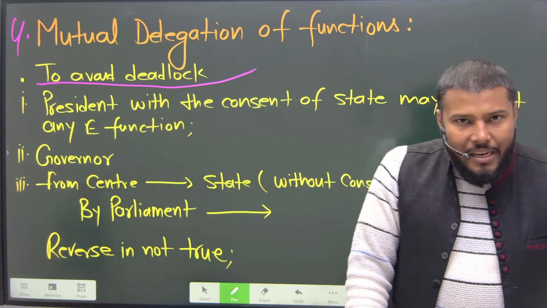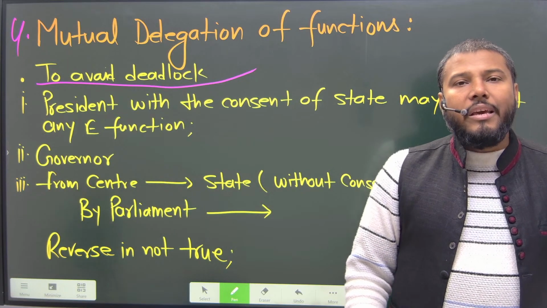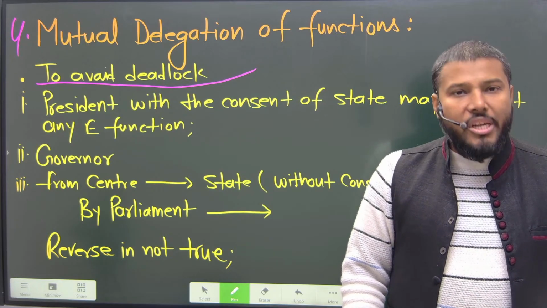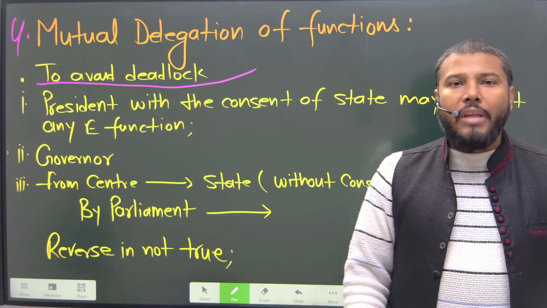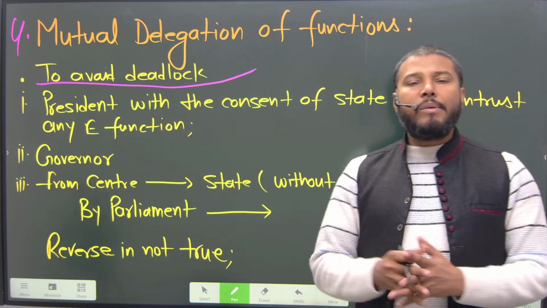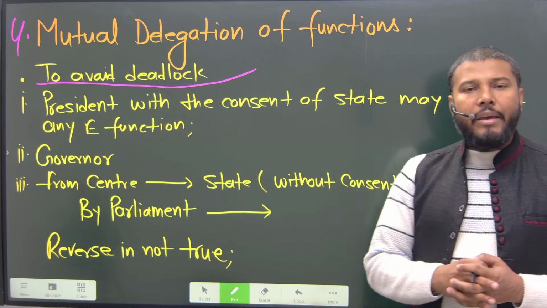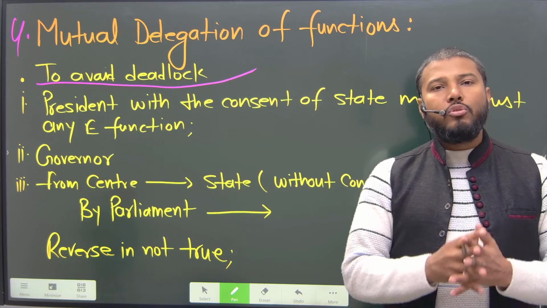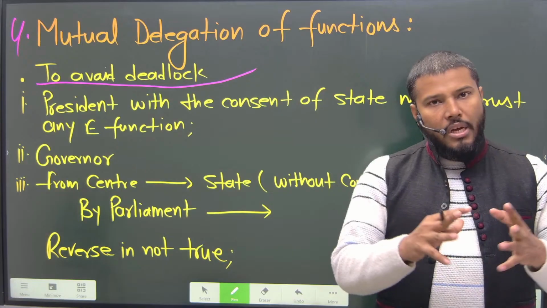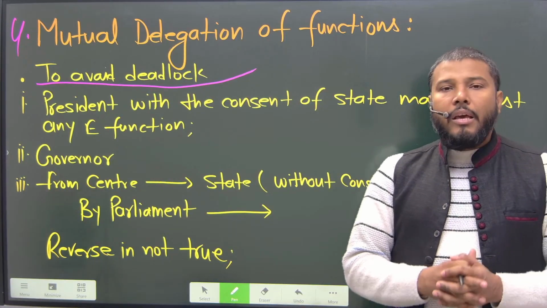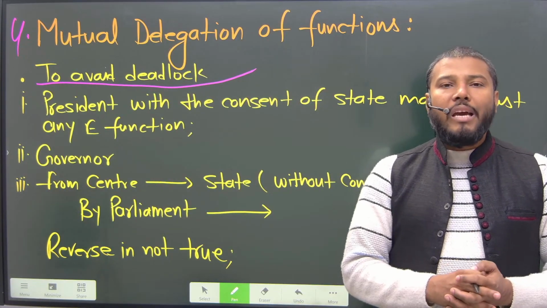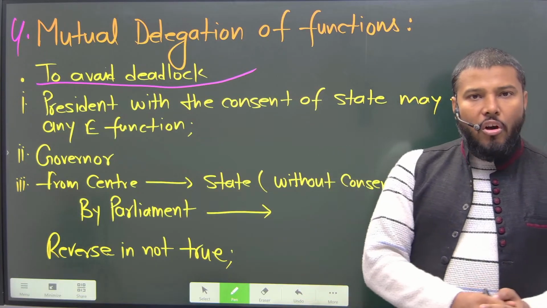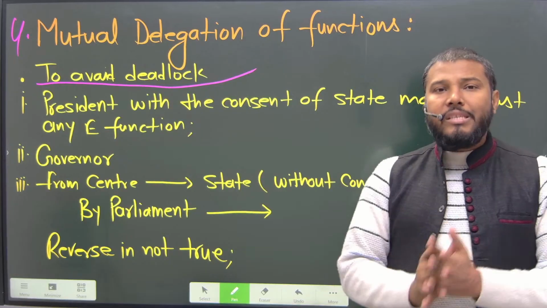The president can entrust any executive action or any executive responsibility on the state government with the consent of that particular state. तो हिंदी में समझिए, जो प्रेसिडेंट ऑफ इंडिया है वो कोई भी एग्जीक्यूटिव काम है, कोई भी एडमिनिस्ट्रेटिव काम है जो सेंट्रल गवर्नमेंट का है, उसका डोमेन सेंट्रल गवर्नमेंट में है. ऐसी परिस्थिति में प्रेसिडेंट ऑफ इंडिया can entrust any state government for that particular job, for that particular work with the consent of the state government.